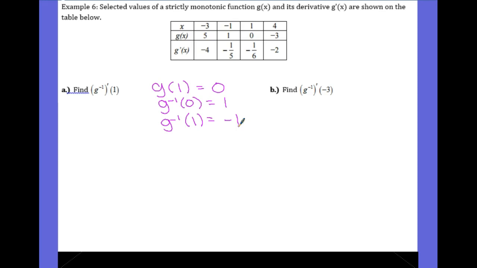If you're given the inverse as 1, you go to the table, and it gets negative. So g inverse prime of 1 is 1 over g prime of -1. g prime of -1 is that.